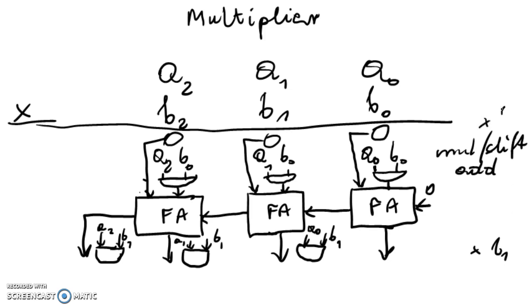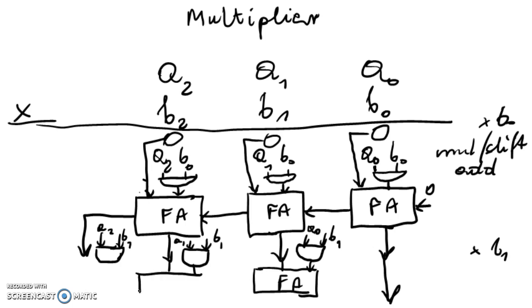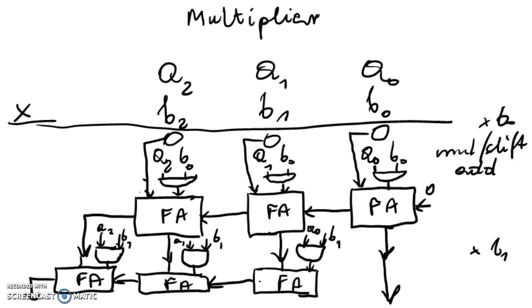Here it was by B0. And again you must use a full adder cell to add together the previous result with the current. Here you don't have a current result, so this will be transferred to the output. There are 3 more FAs in the second row, and also here you've got an FA, and you must connect them in the same regular manner, and you put 0 as well here.